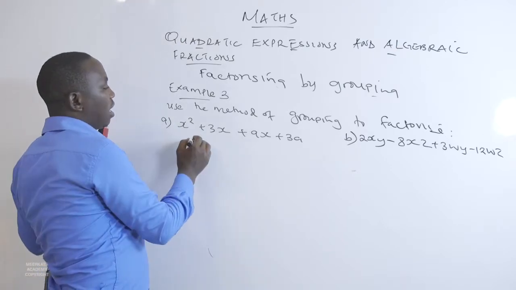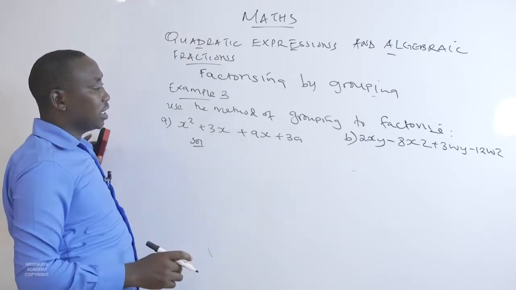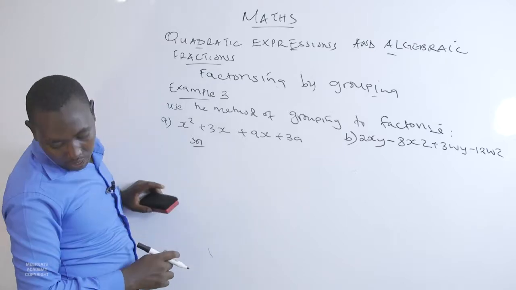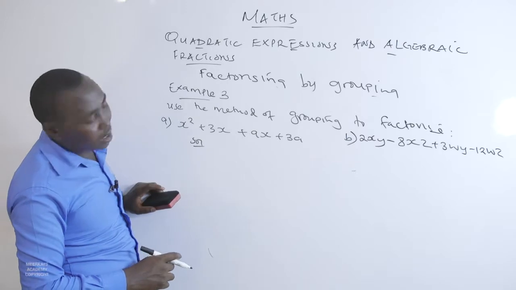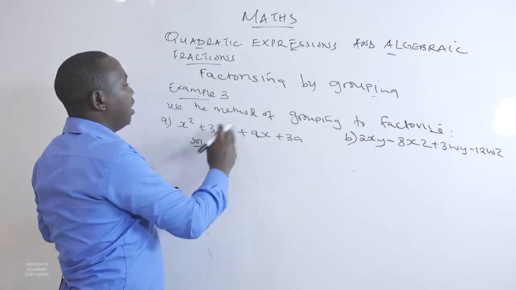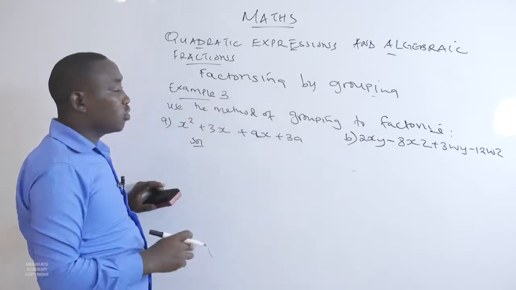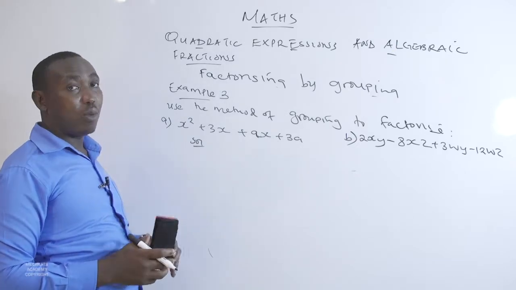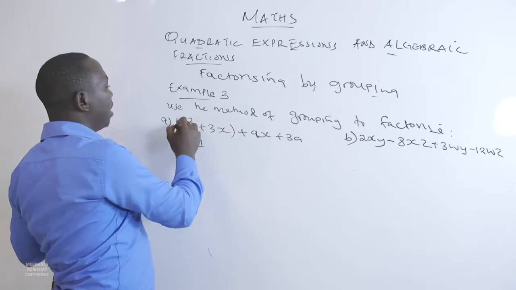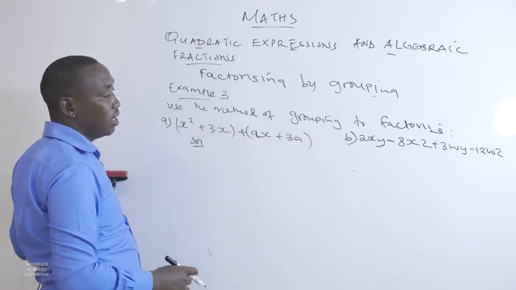So when you look at this first expression, you can easily identify that if you just group them into two pairs of 2 each, you will discover that each of them is going to have a common factor. So you can simply go ahead and do the grouping.